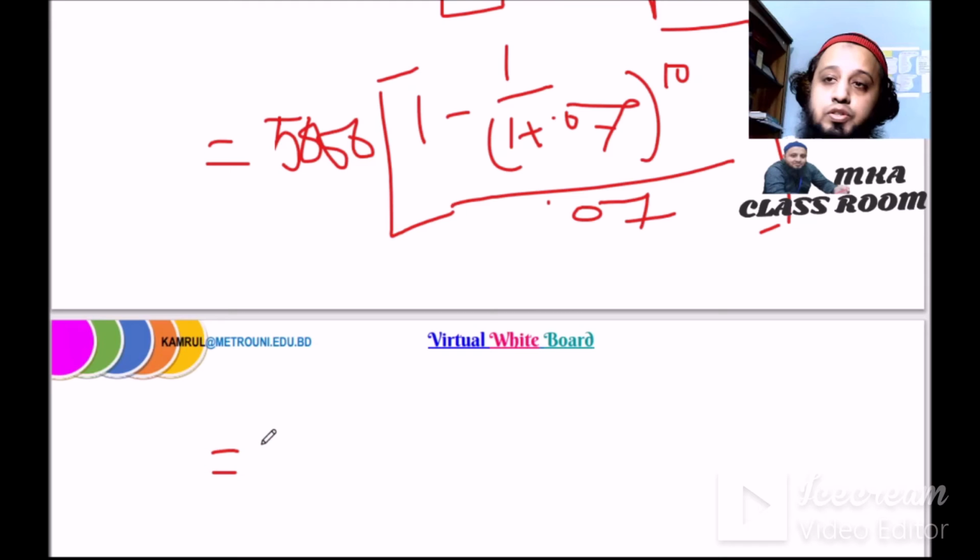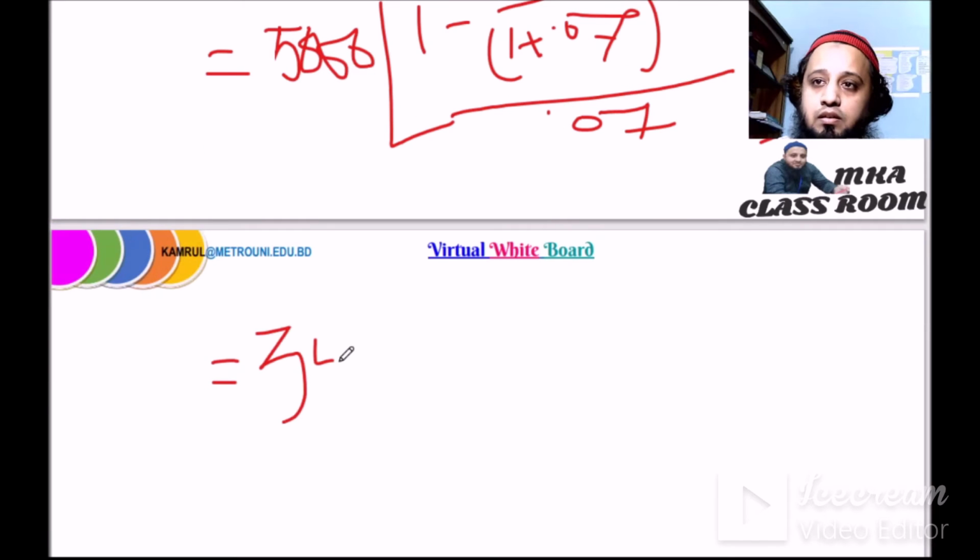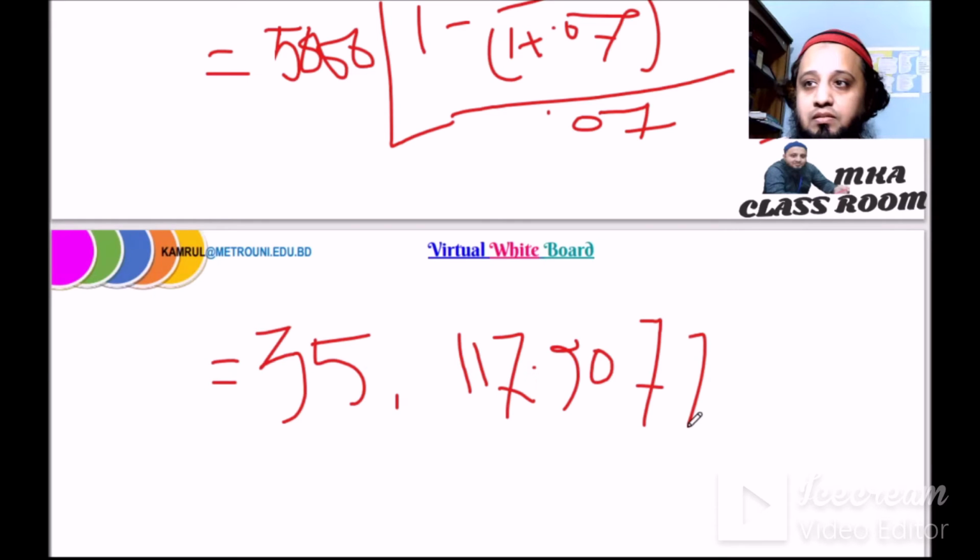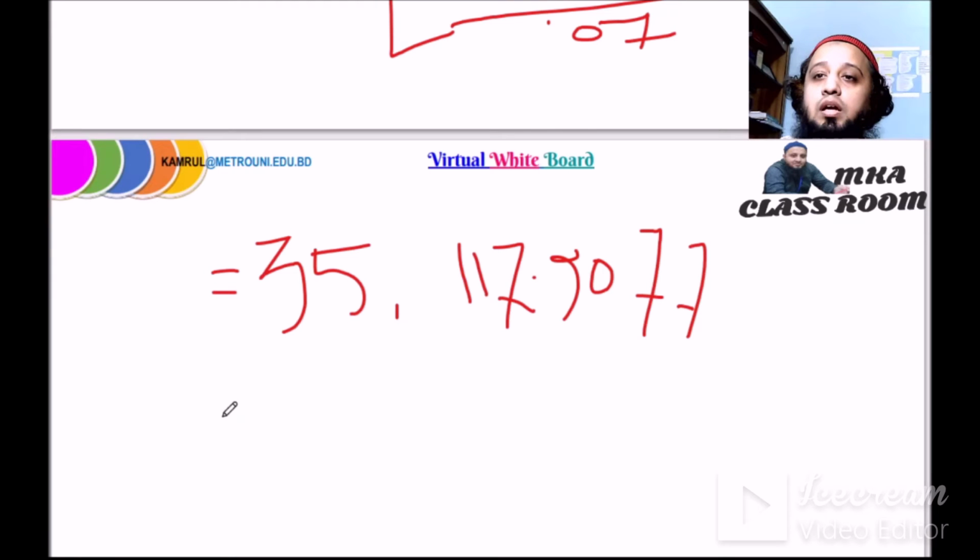So, the result should be 35,117.9077, which is what my calculator shows. So, you can write down about 35,118 taka.